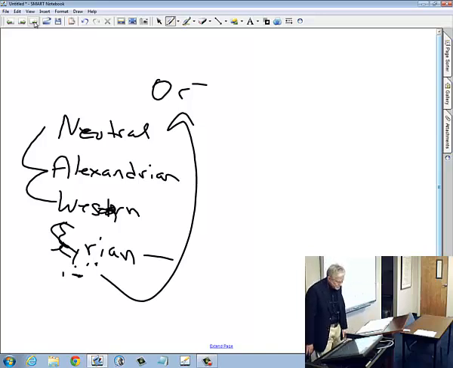Now, the theory has gone through some alterations, but essentially is the prevalent theory, I think, in most of what's going on today in seminaries and churches and right across the way.